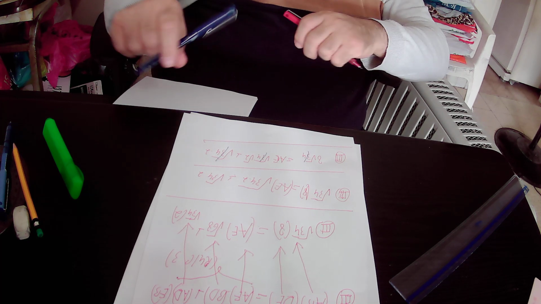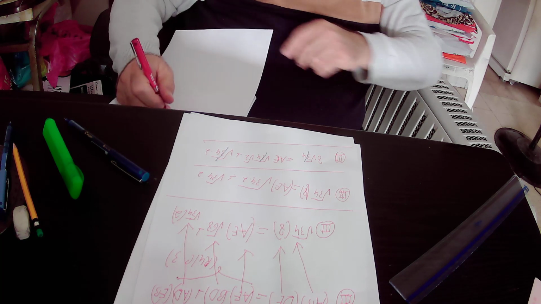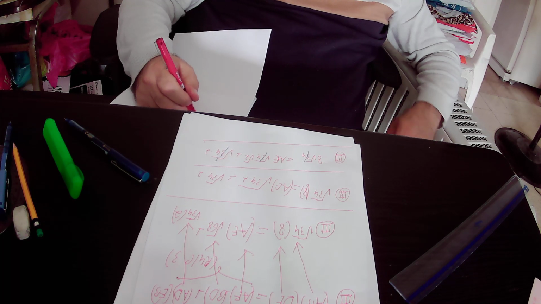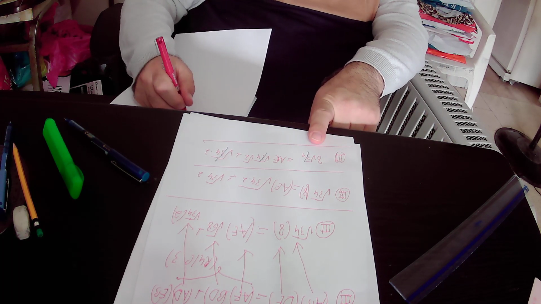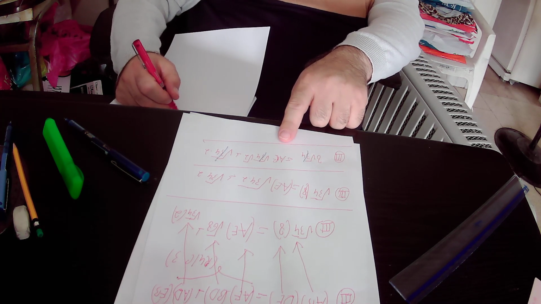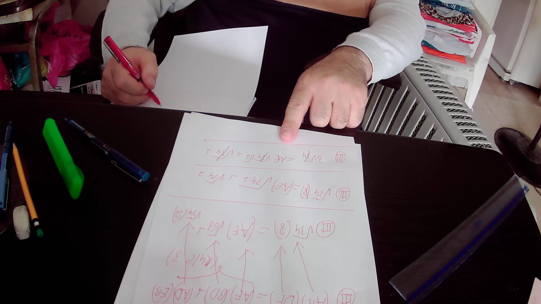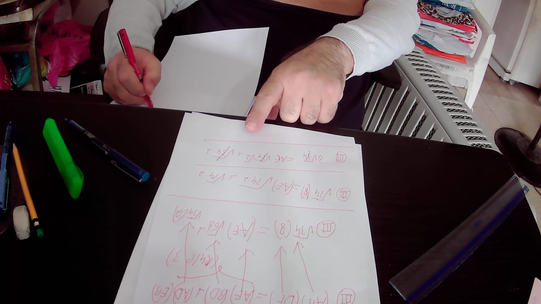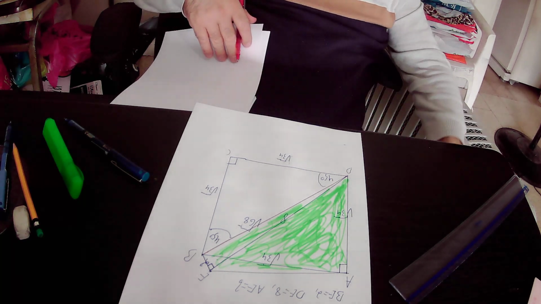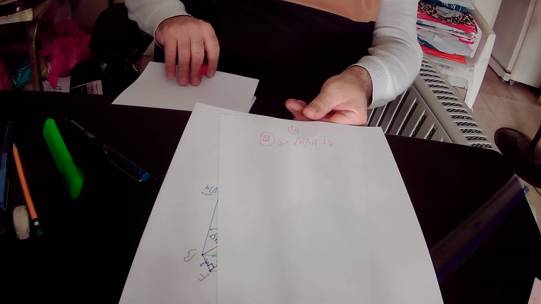What is left in equation number 4 is 8 equals root 2 times AE plus 2. That is what is left after we cancelled the square root of 34.